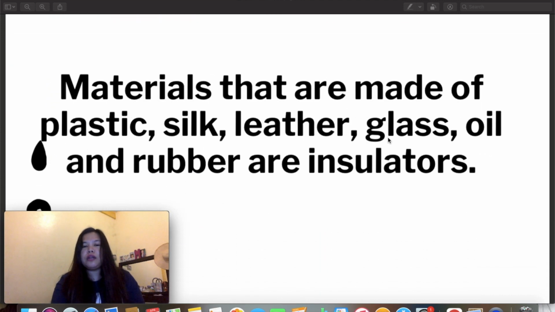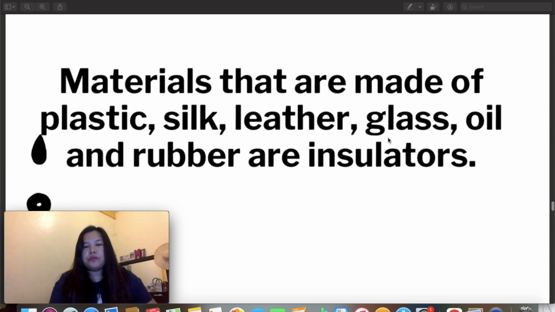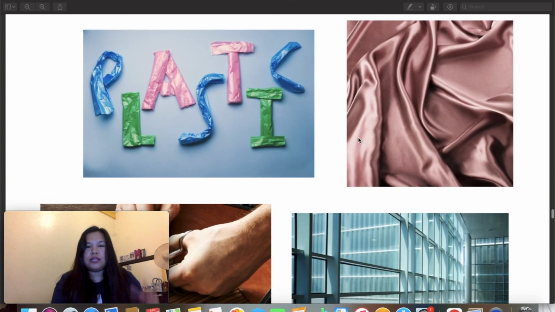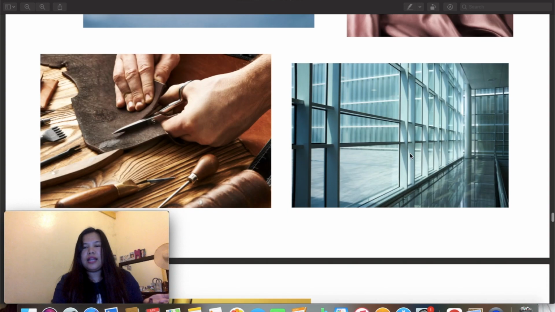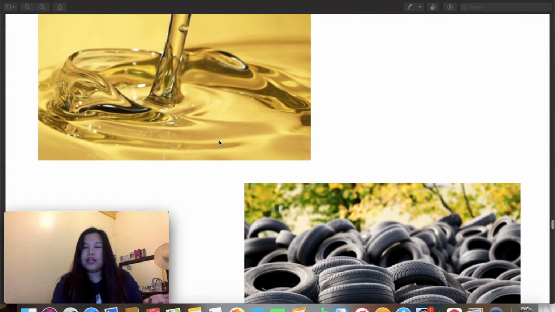Materials that are made of plastic, silk, leather, glass, oil, and rubber are insulators. Napapansin nyo, yung mga yan ay hindi talaga natatablan ng kuryente at saka ng init.